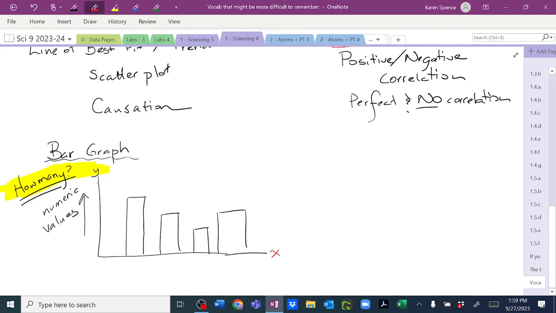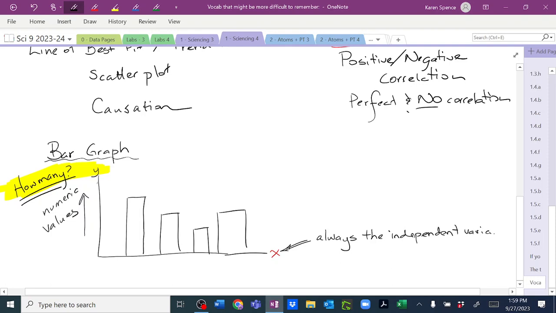Yeah, so the x is going to be the independent, which is the case whether it's a bar graph or a scatter plot or whatever. The x is always the independent variable. Tell your partner another word for independent variable. Manipulated.